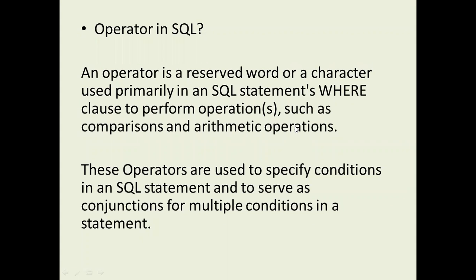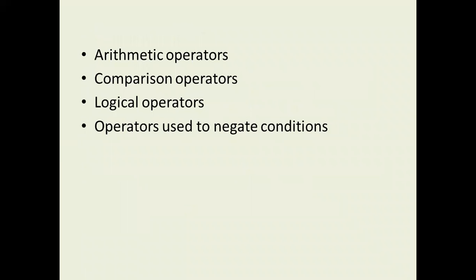So maybe an arithmetic operation, a logical operation, or a comparison operation. Okay. So here we consider these operators: arithmetic operators, comparison operators, logical operators, and operators used to negate conditions. Arithmetic operators means nothing but plus, minus, star, division.